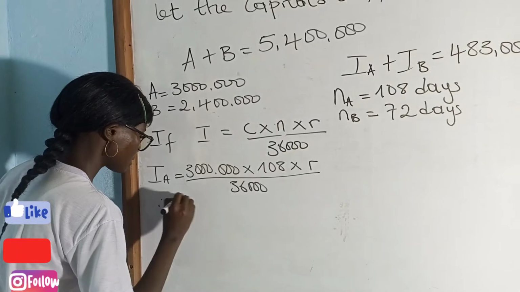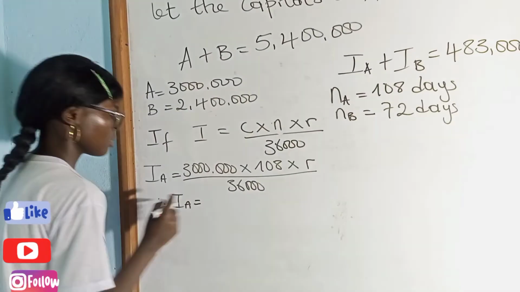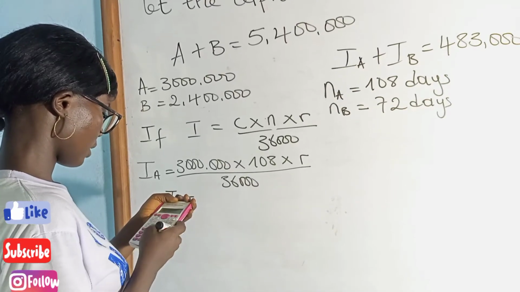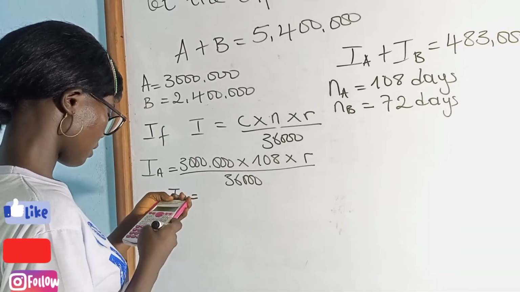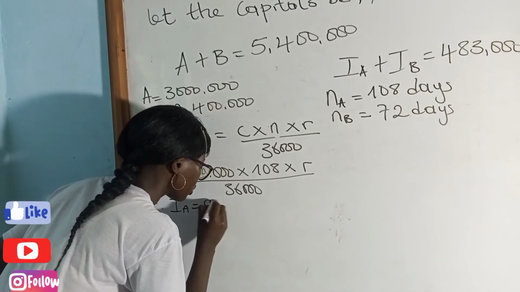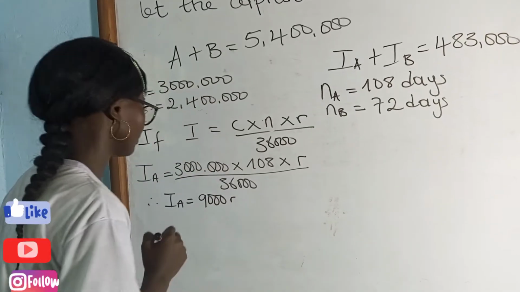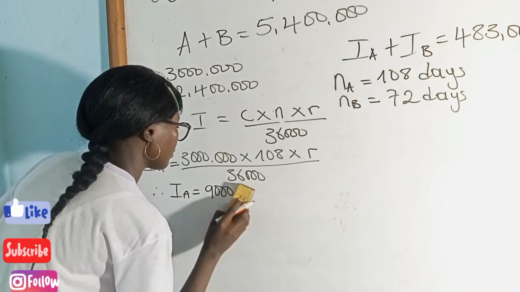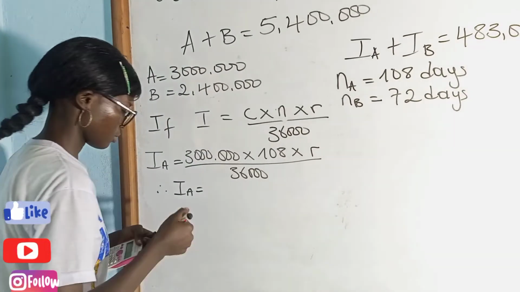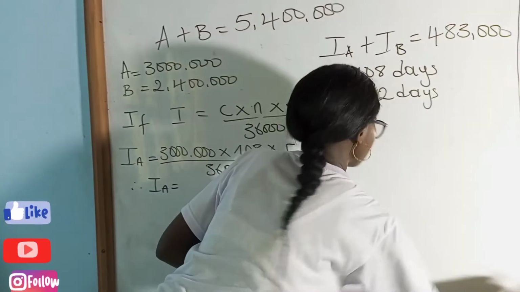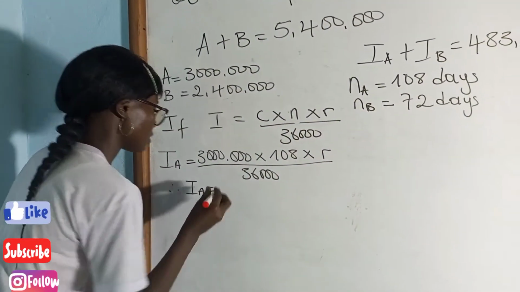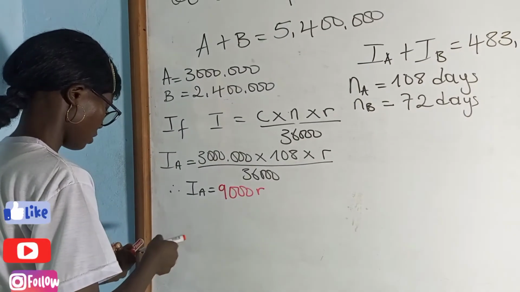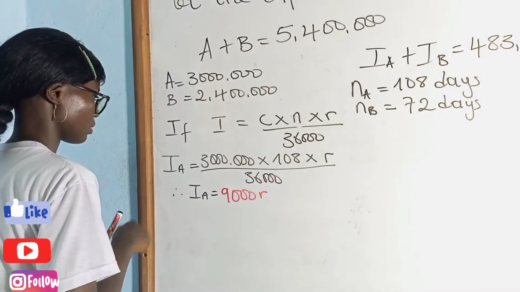Which therefore means the interest of A is equal to 3 million times 108 divided by 36,000 is equal to 9,000 R. We put it in red so that we easily identify it.